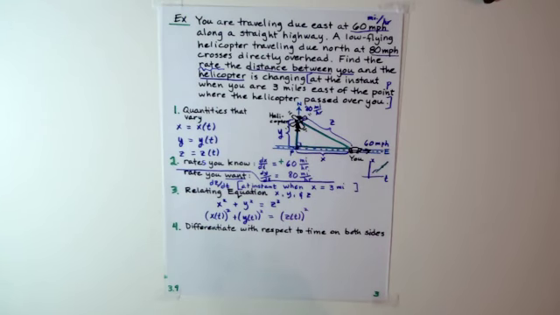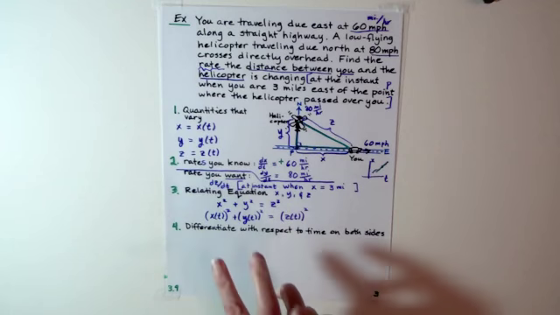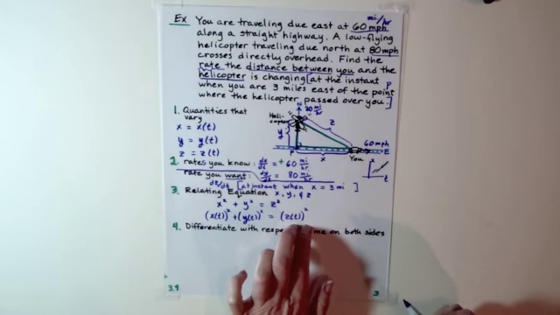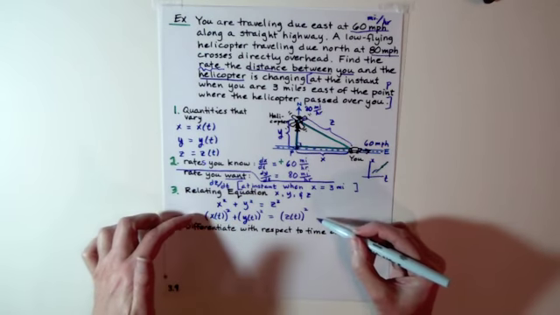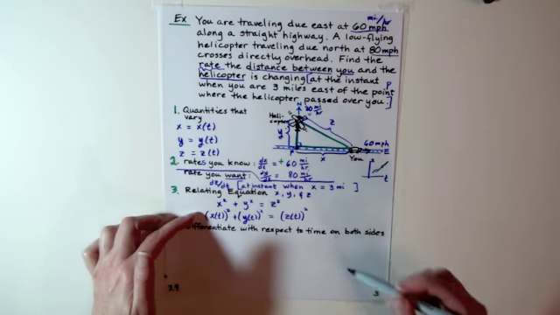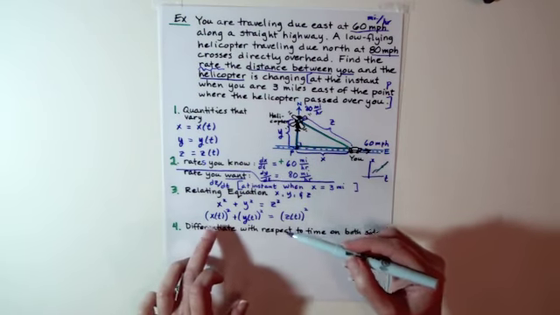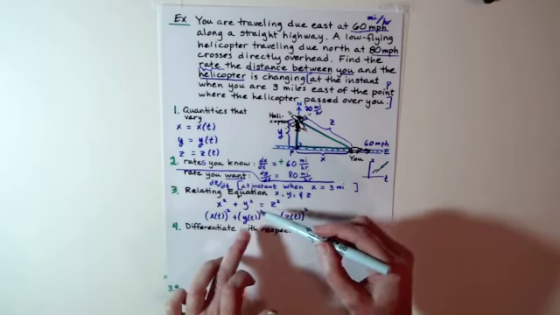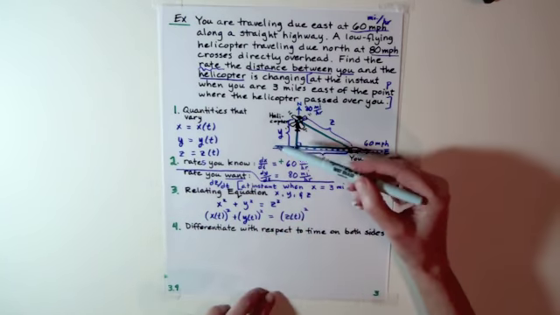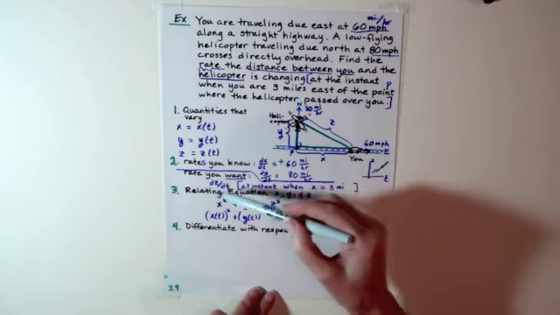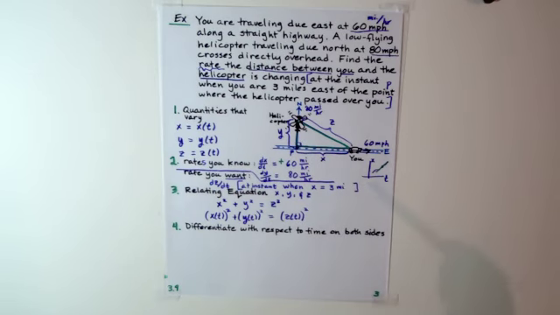Now I want you to think about the fact that the left side of this relating equation equals the right side. Somehow we have to get from this relating equation to one that involves the things we're given and the thing that we're trying to find. In other words, we want to get from something involving x, y, and z to something involving dx dt, dy dt, the rates that we know, and dz dt, the rate that we're looking for.